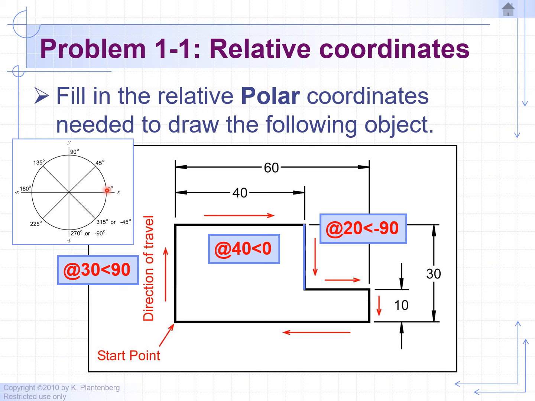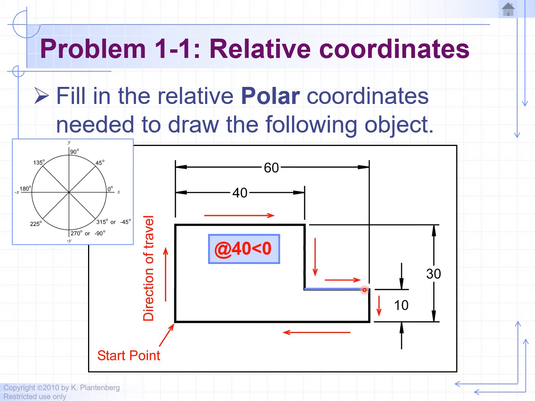Minus 90 tells us to go clockwise 90 degrees. So you can either type in 270 or minus 90 for your angle and hit enter and it'll generate the line.